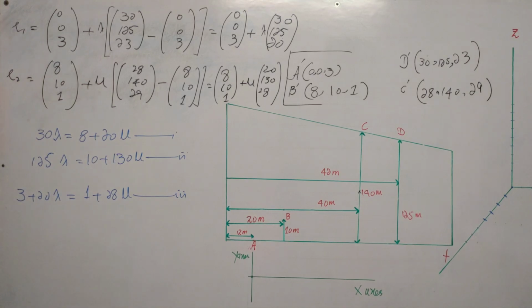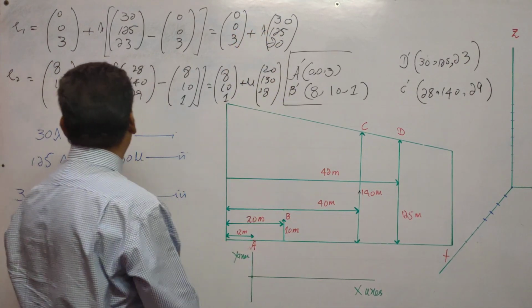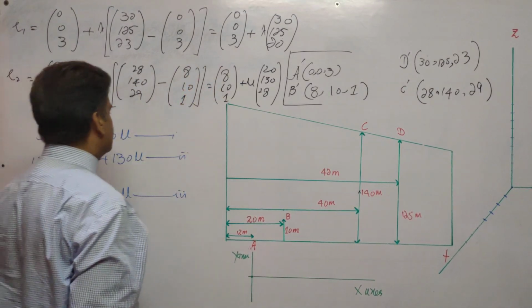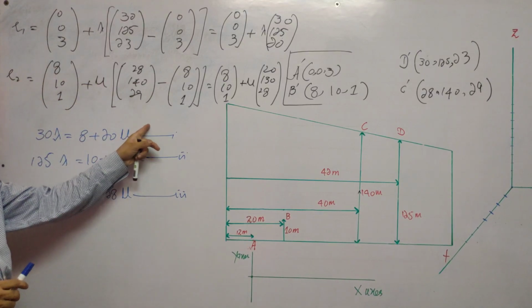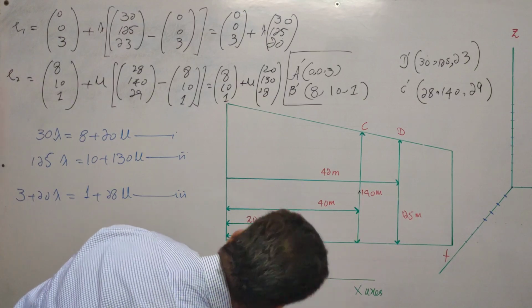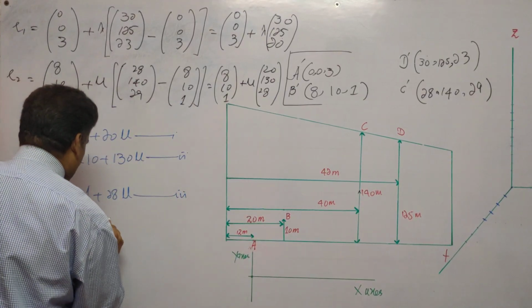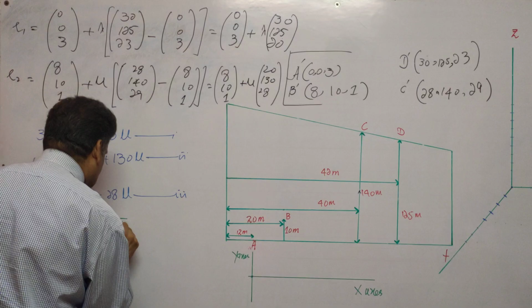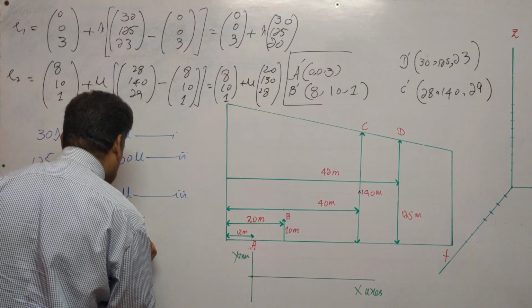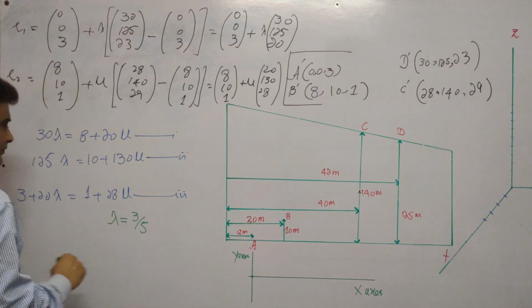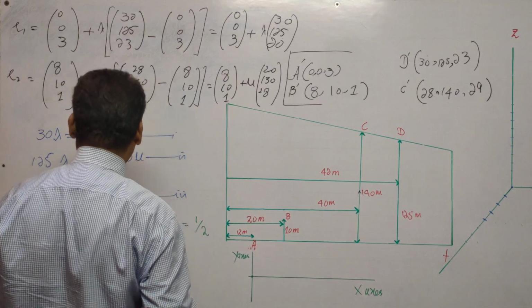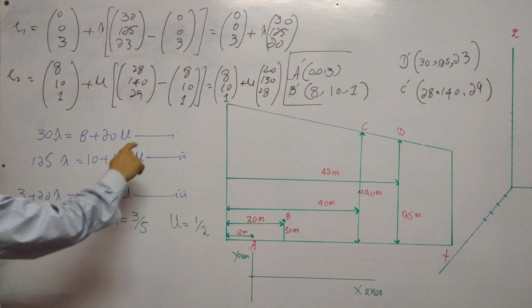These are the equations for these two beams of light. How can we prove whether these two beams of light intersect or not? We will solve equations 1 and 2 to get the values of mu and lambda. The value of lambda is 3 by 5 and the value of mu is 1 by 2.